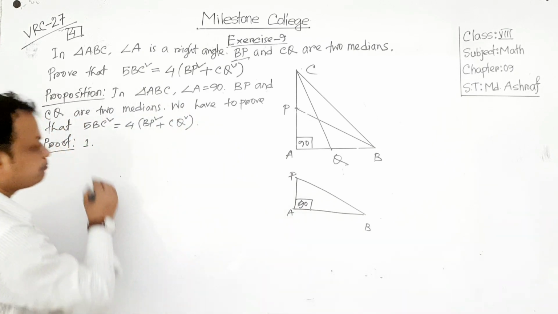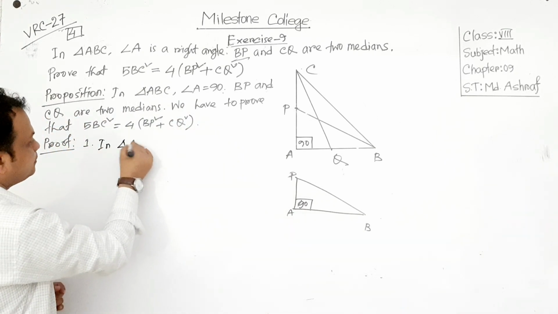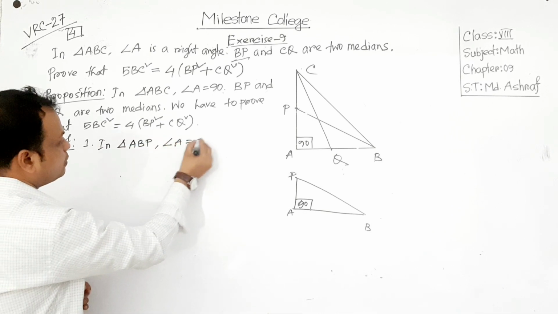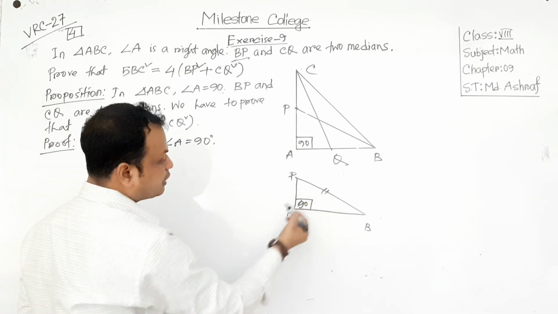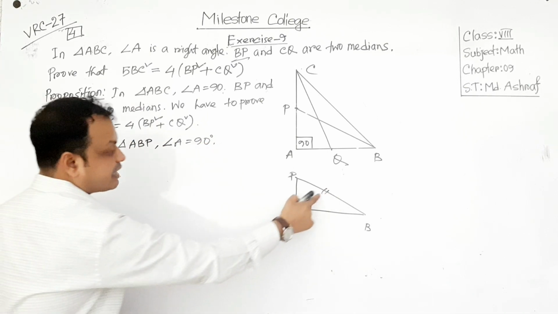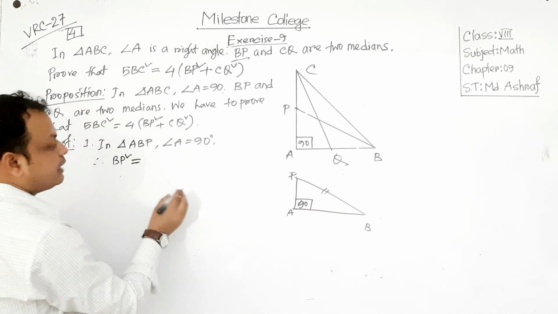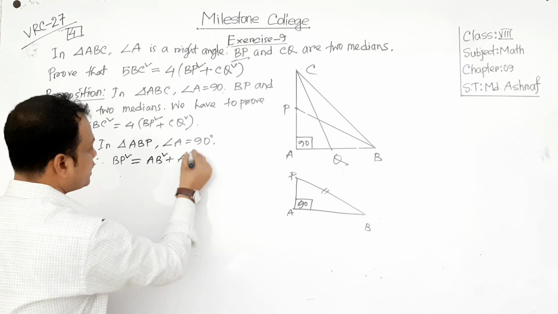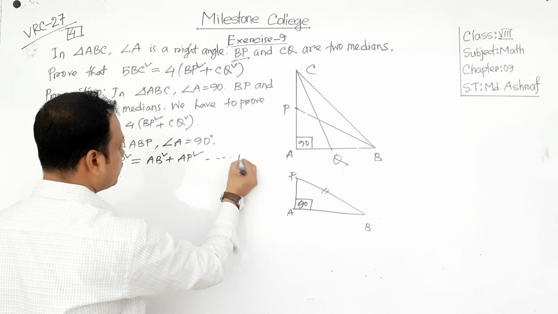So we'll write, in triangle ABP, angle A equals 90 degrees. So therefore what we can write? Because BP is the hypotenuse, BP square equals AB square plus AP square. So this is equation 1.